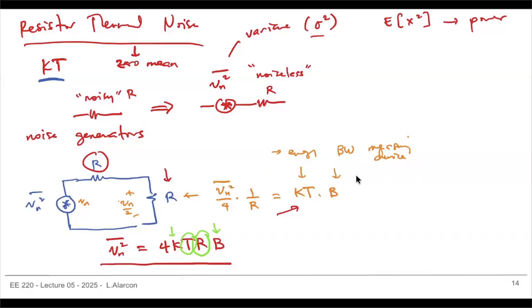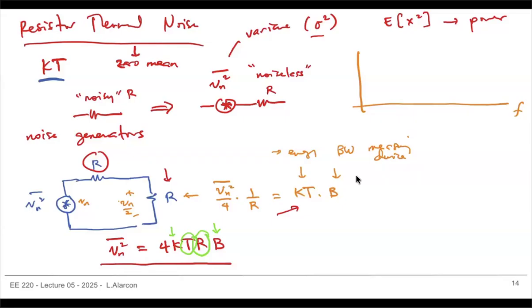If I look at it over frequency, the incremental power per bandwidth is actually going to be constant.